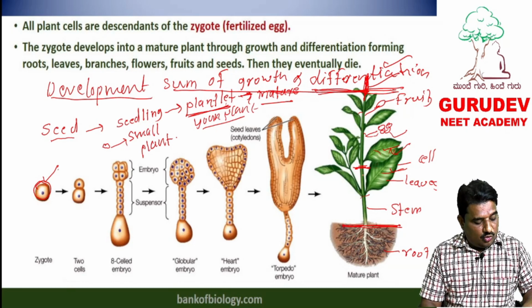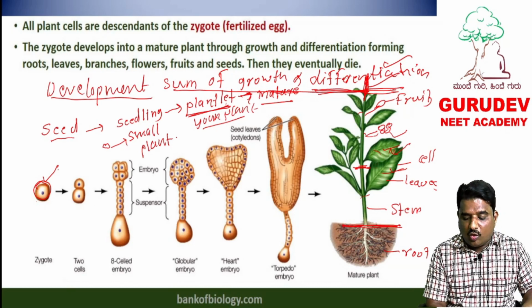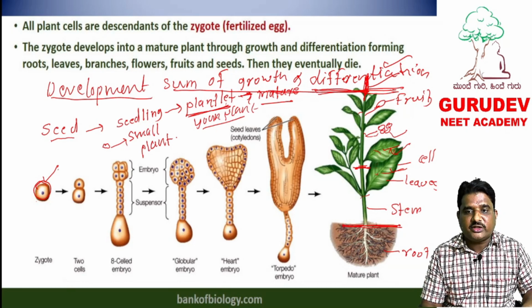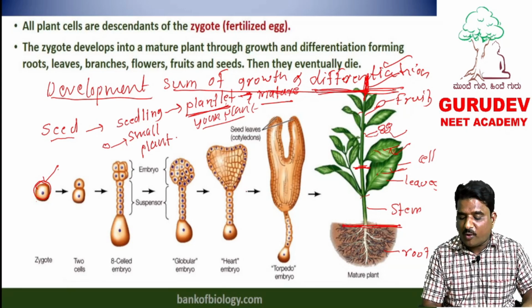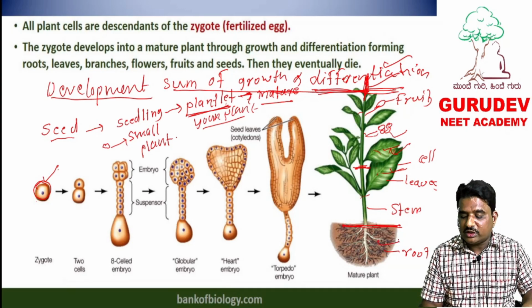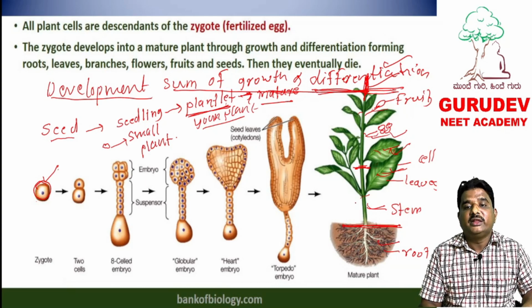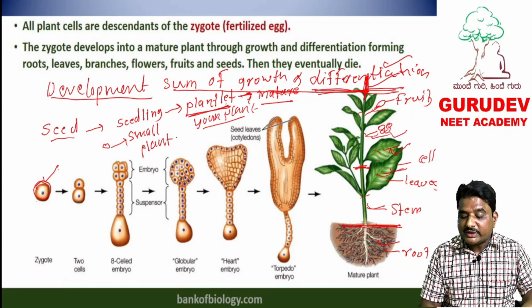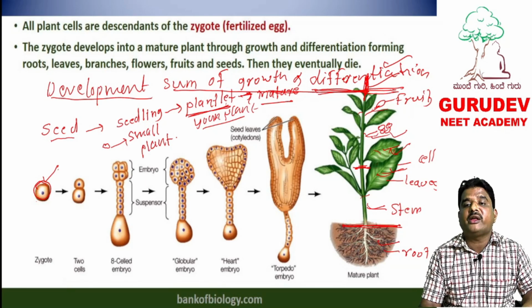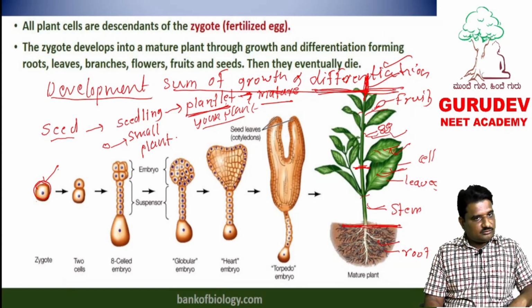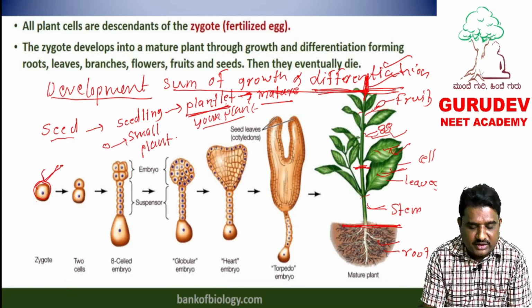Okay. From a single cell zygote, this complex plant body is formed. And during this complex formation process, root system formation, stem system formation, leaf formation, flower formation, and fruit formation take place in an orderly and sequential manner. It's all from the single cell zygote.